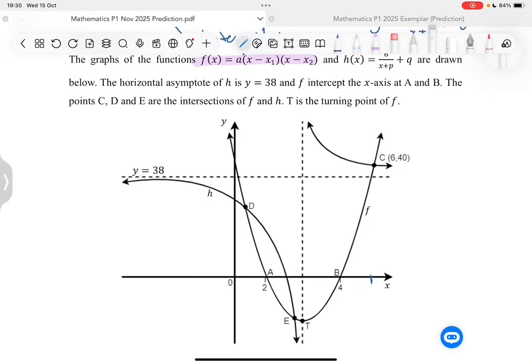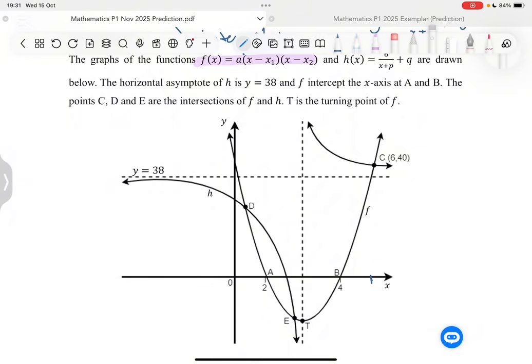But if I were to trace the x value of the hyperbola here, I will get the same number, 6. That means they share the same number. And the same is true if you look at the output value, the y value here. You will find that the value for the function f will be this number here, and also the value for the function h will be this number here. So they share the same x and y values. And the same will be true when you look at point D or point E. They'll also have the same x and y values.